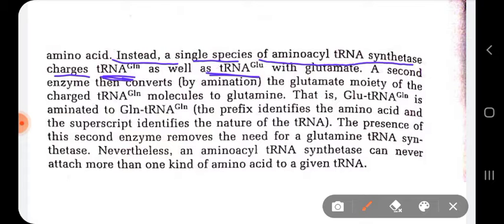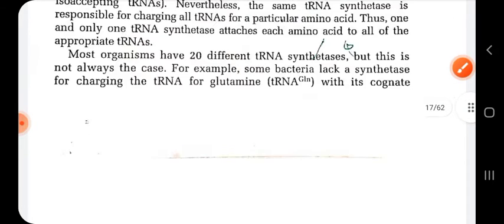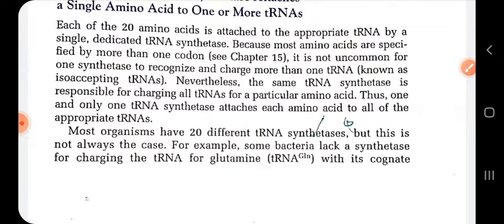So it means that some organisms, like some bacteria, lack the amino acyl tRNA synthetase for charging tRNA for glutamine, which is an amino acid.